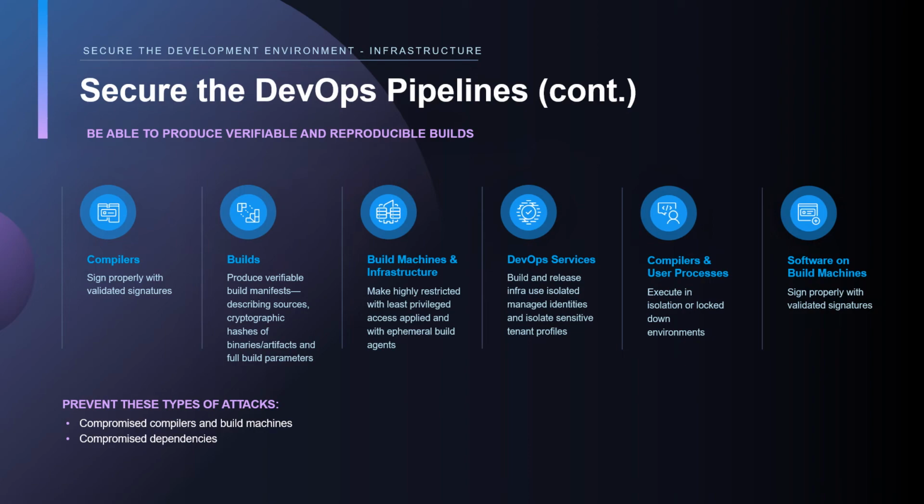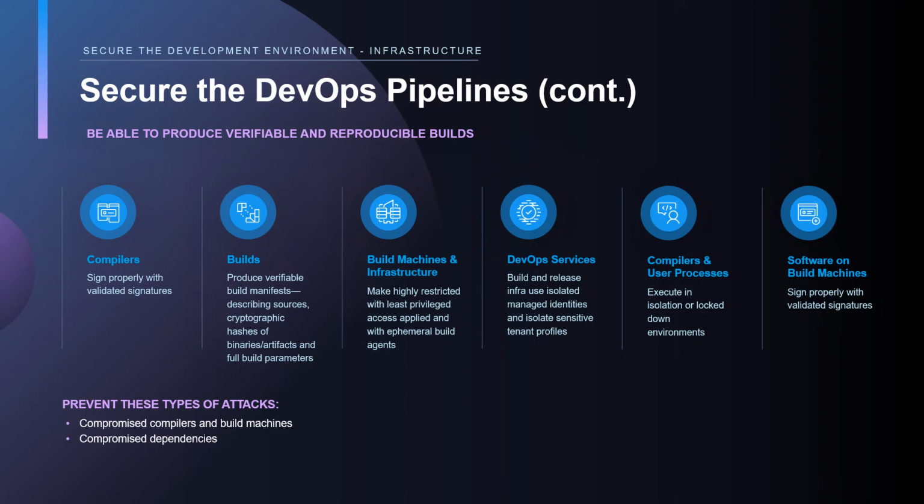With the build machines and infrastructure, you need to make sure that these are highly restricted with least privilege access applied and with ephemeral build agents. With DevOps services, you need to make sure that the build and release infra uses isolated managed identities and sensitive tenant profiles are isolated. With compilers and user processes, you'll need to ensure that execution is done in isolation or in lockdown environments.